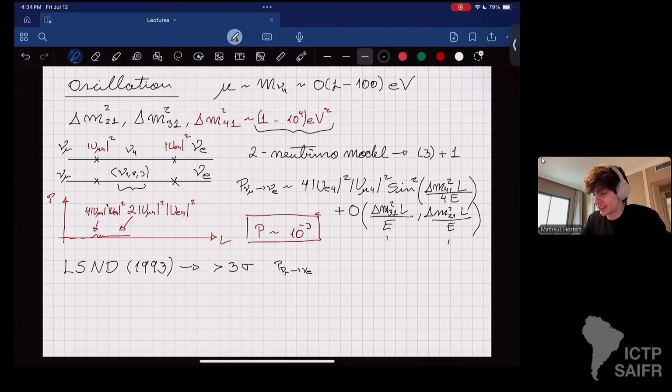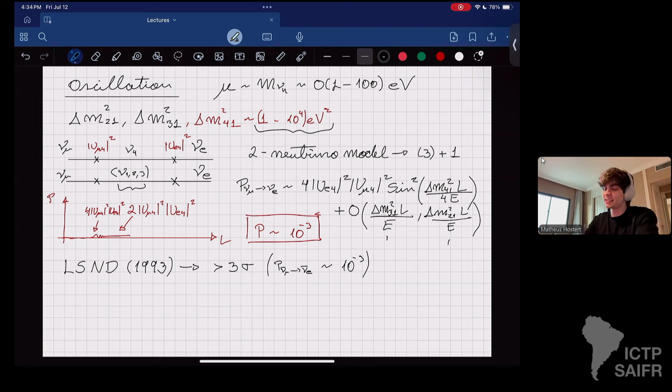In their case, it was actually an anti-nu mu going to an anti-nu e, again of this order of 10 to the minus 3. And this is very surprising because if we were to find this new thing, there is a light new state, light in the sense that it is much lighter than the electron, but heavy in the sense that it's heavier than the ordinary neutrinos.